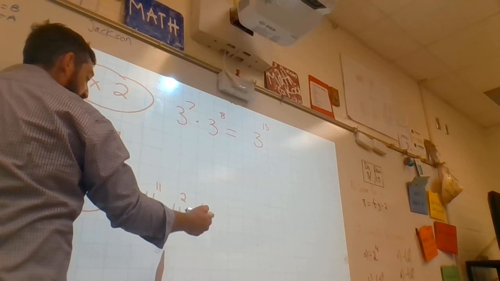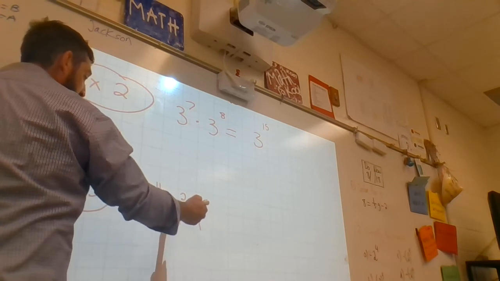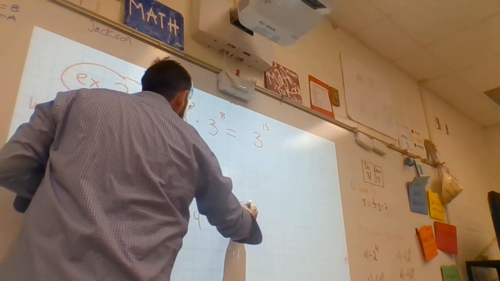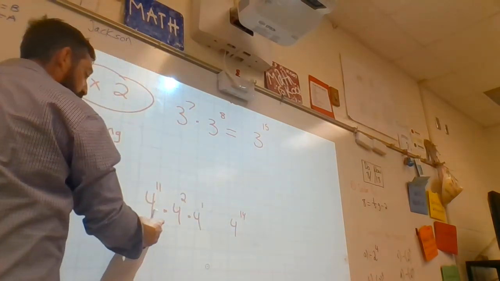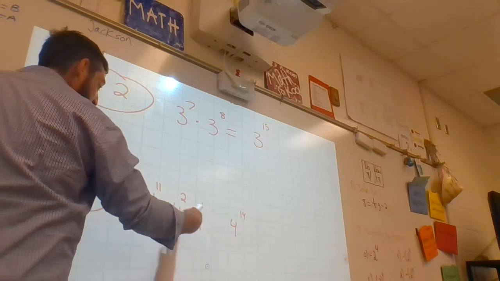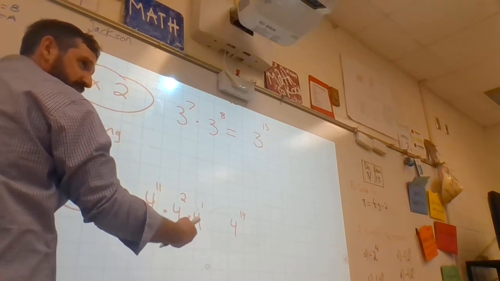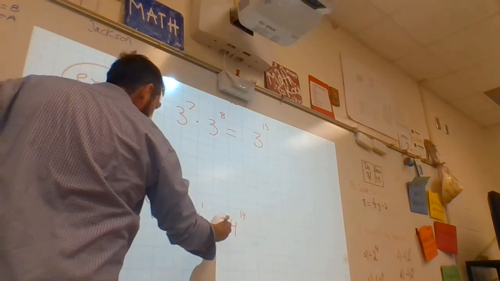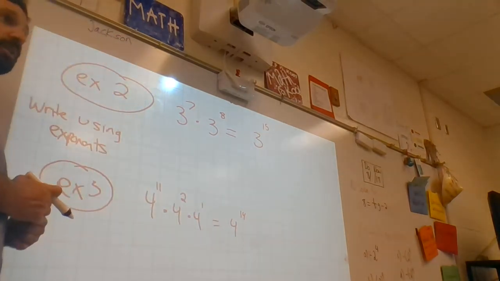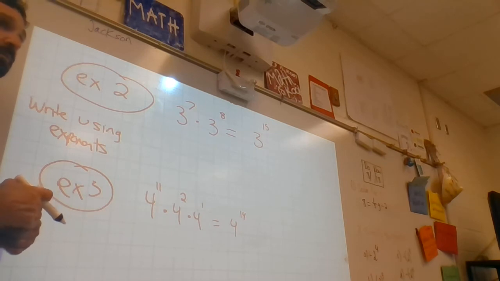Your answer here is not 4 to the 13th power, it's 4 to the 14th power. Because if I had 11 4s, and then 2 4s, and then another one, there's a total of 14 up there. Kids get tripped up because they don't understand that there's an understood 1 for your exponent. So you got to add that one on there as well. You see the difference? You got that, Stacy? You good? Yeah. Nice.